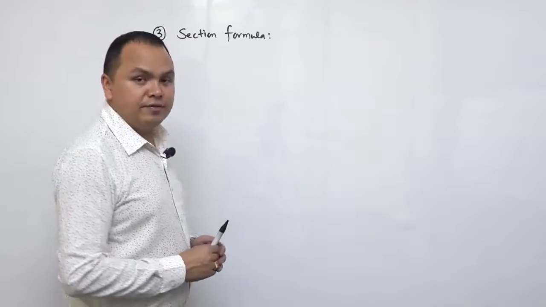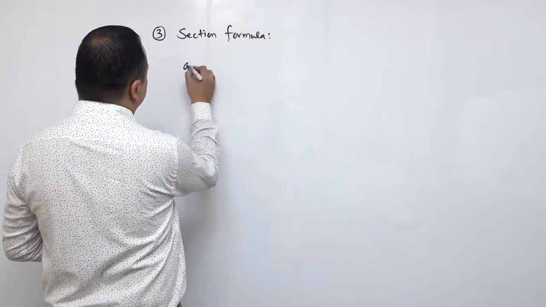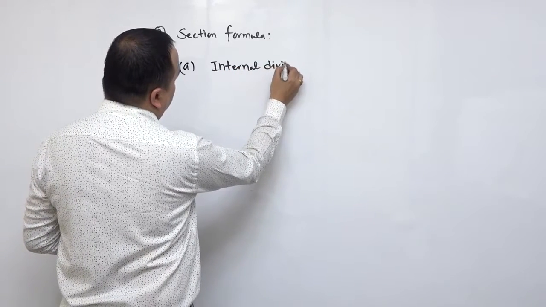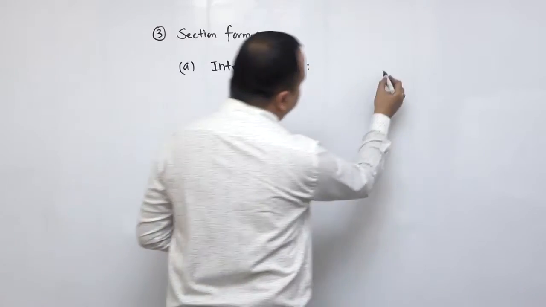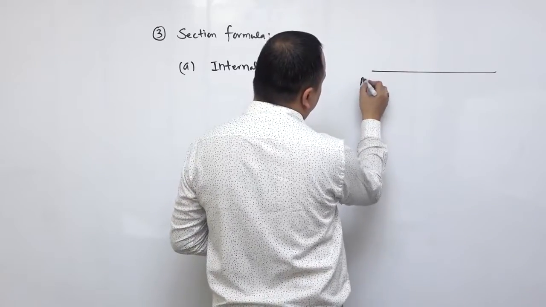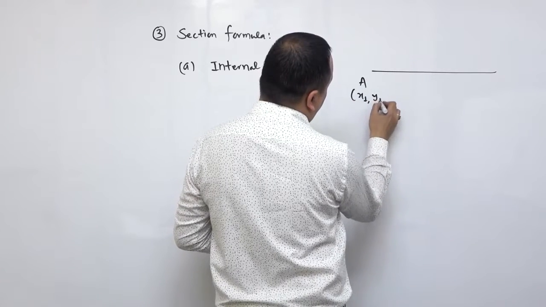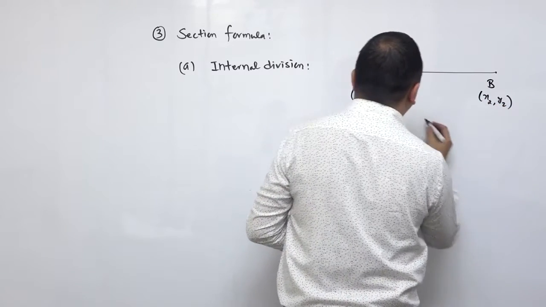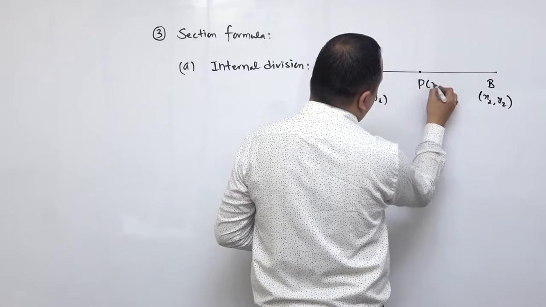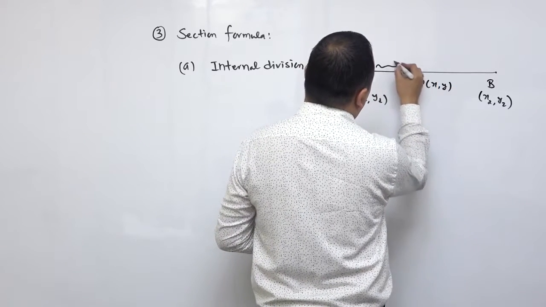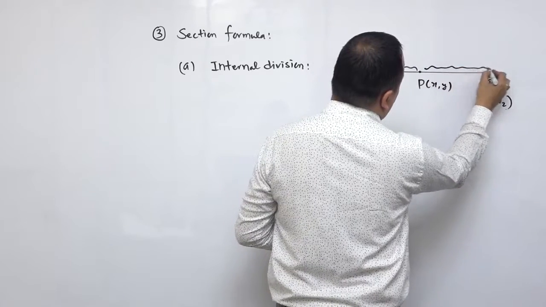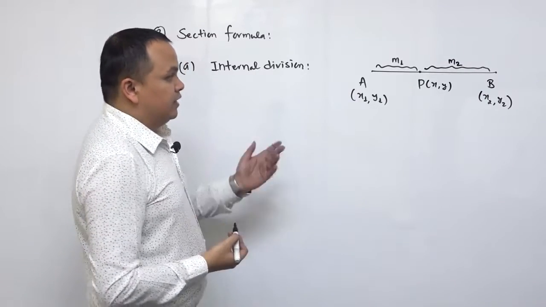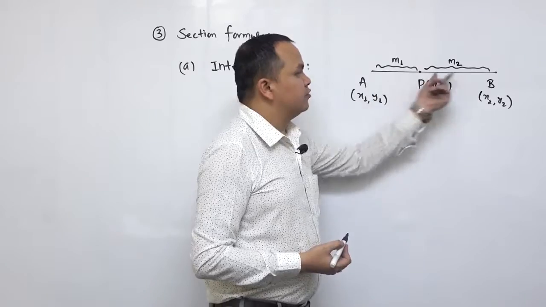Now the section formula or division formula. A. Internal division. P divides AB in the ratio m1 is to m2.